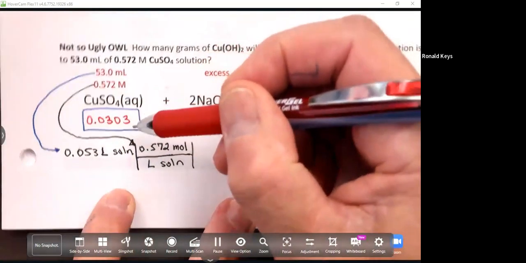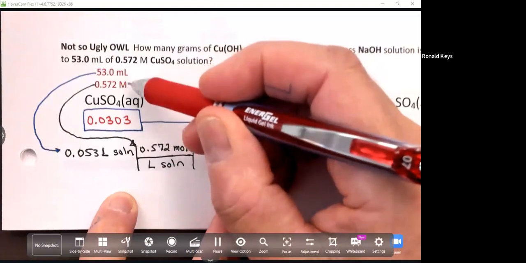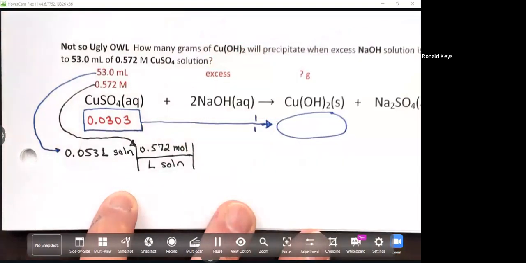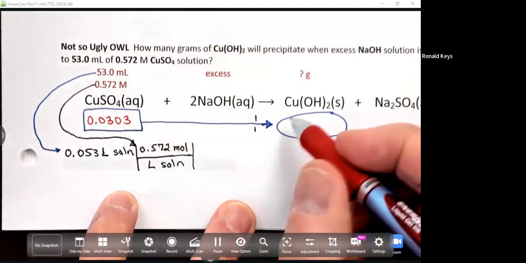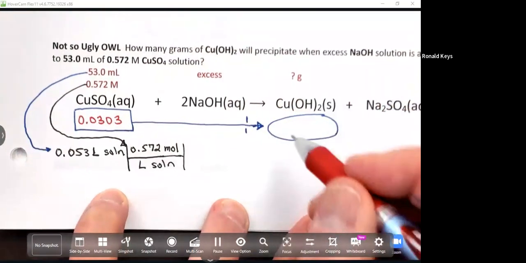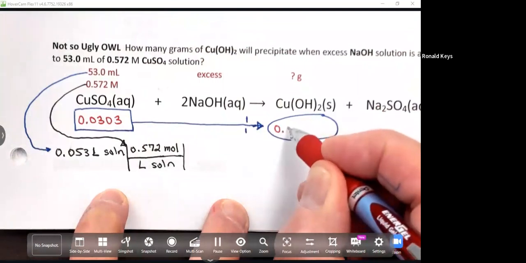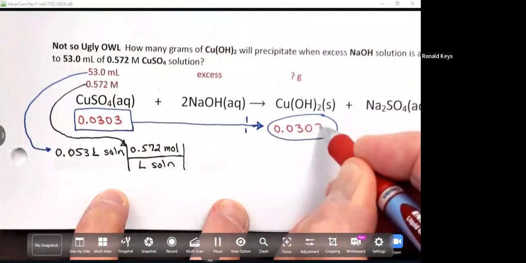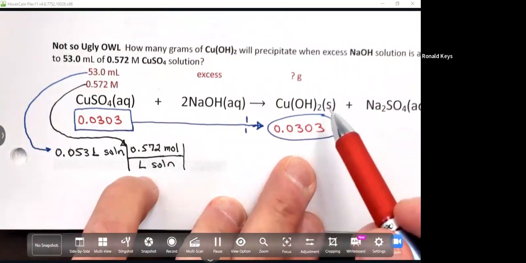Underneath the equation for moles, put your other stuff given on top. So I'm going to produce, it has excess sodium hydroxide. We do not have a limiting problem. I'm going to produce 0.0382 moles of copper 2 hydroxide.